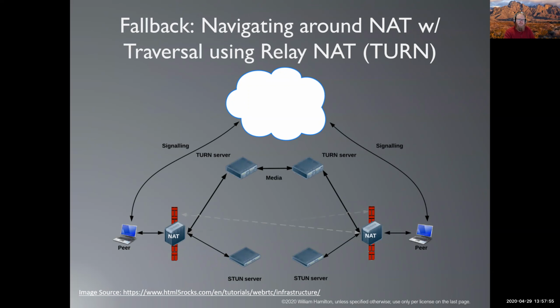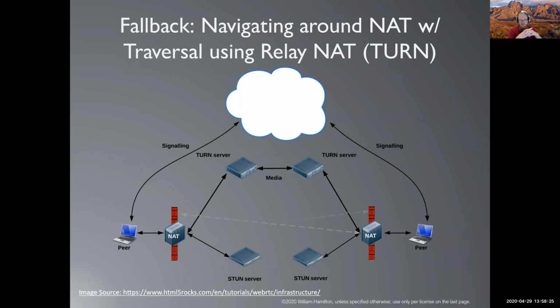That in particular is called TURN, or Traversal Using Relay NAT, or maybe it's Relay for NAT. But basically this is an external server that, instead of doing a direct peer-to-peer connection, just serves as a link between two clients. They both connect to it through their NATs, which is easy to do.